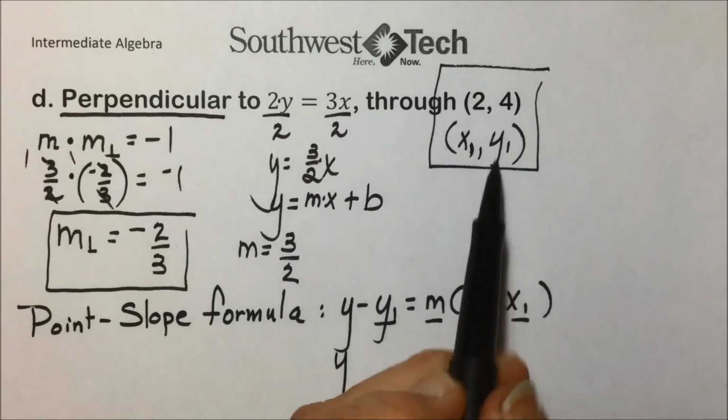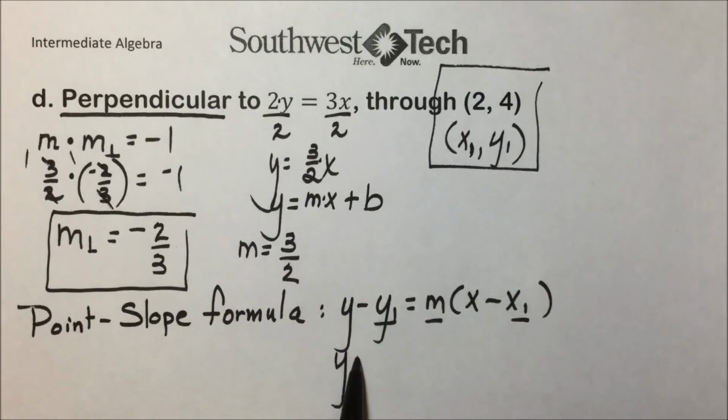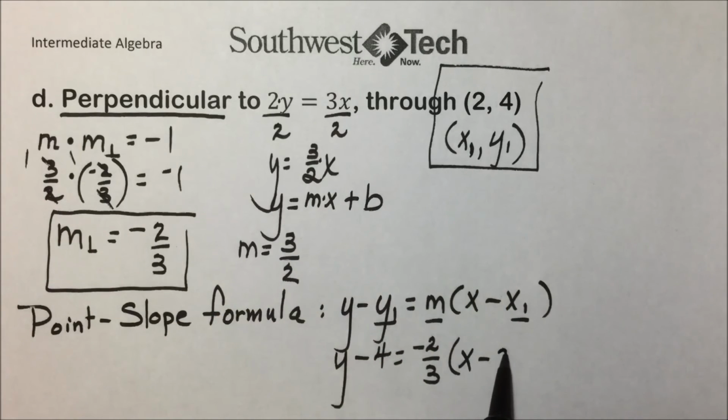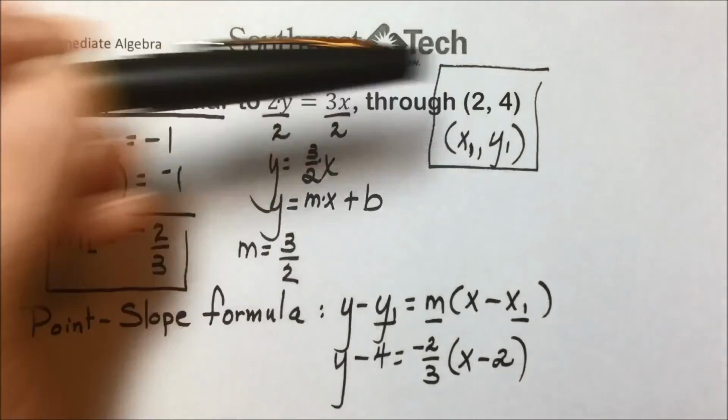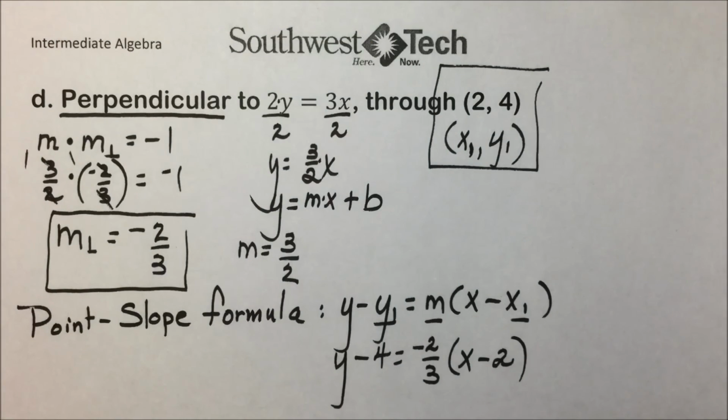The y value of the given point is 4, so we'll subtract 4 from our generic y. The slope that we want is -2/3 and x minus the given x value, which is 2. And here we have the linear equation of the line that's perpendicular to this through or containing the point 2, 4.